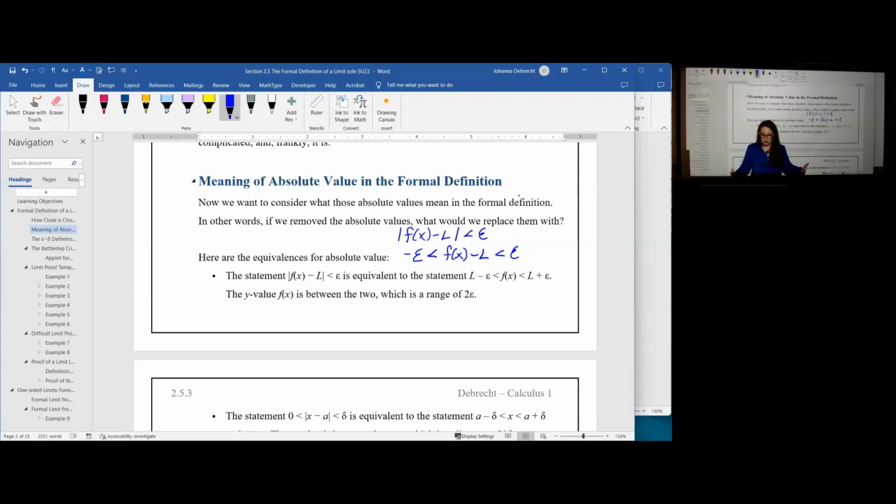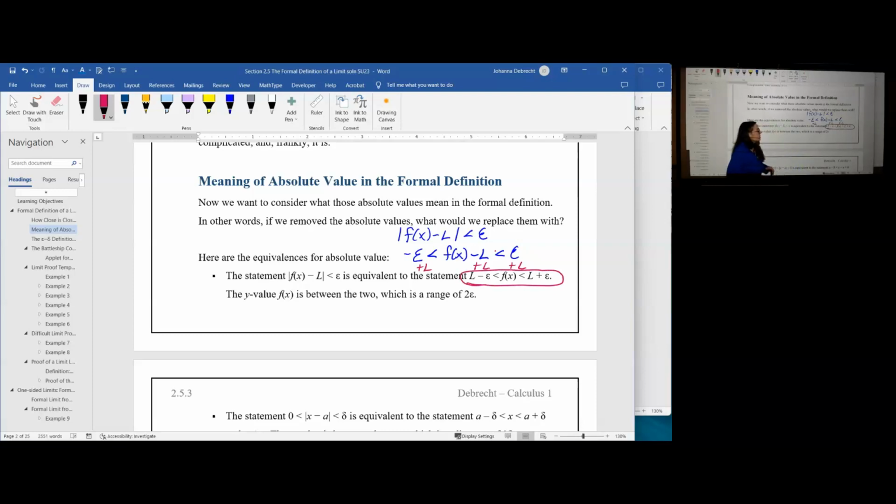The next thing I can do, of course, is go ahead and isolate the y value of the function f of x by adding L to all 3 parts of this compound inequality. So I'm going to add L to all 3 parts. And this gives me the statement that you see here.